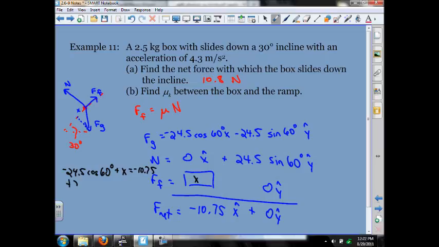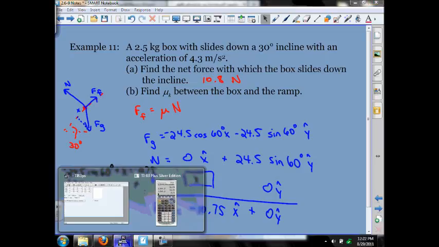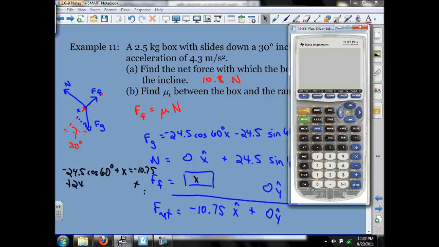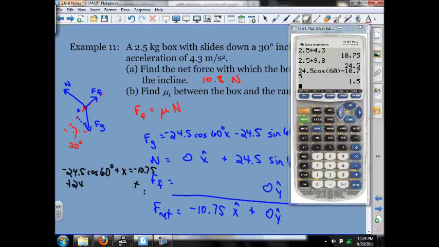And then you would add that to both sides, add it over here, and we should be able to solve for x from there. We've got 24.5 cosine 60 minus 10.75. Looks like the x component of friction is 1.5.